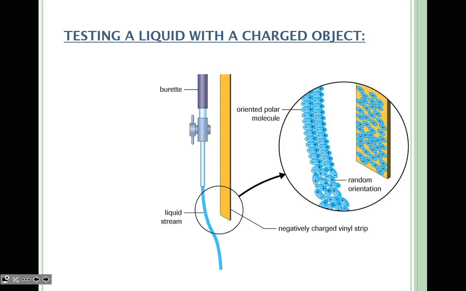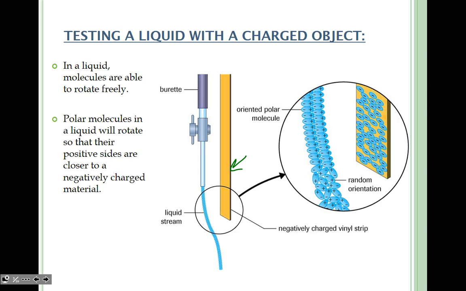If we take a look at this diagram here, and we charge a strip, sometimes an acetate strip does that, or even a long piece of something made out of plastic, and we rub it, we can basically charge it. And we'll notice that if we run water beside it, the water actually bends, okay?